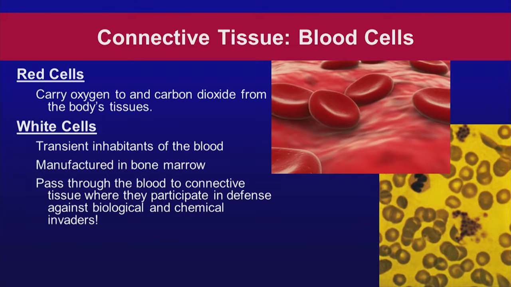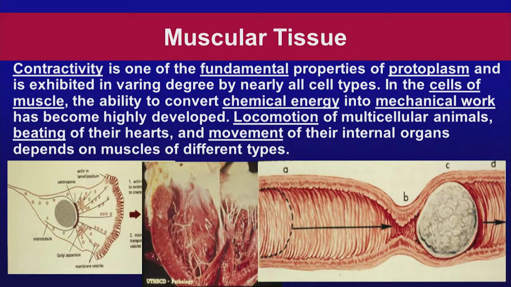They carry oxygen, and the white blood cells are part of the immune system that we'll speak of a little later on. Platelets cause clotting of blood. So all these things are connective tissue, and connective tissue surrounds muscle that we see.